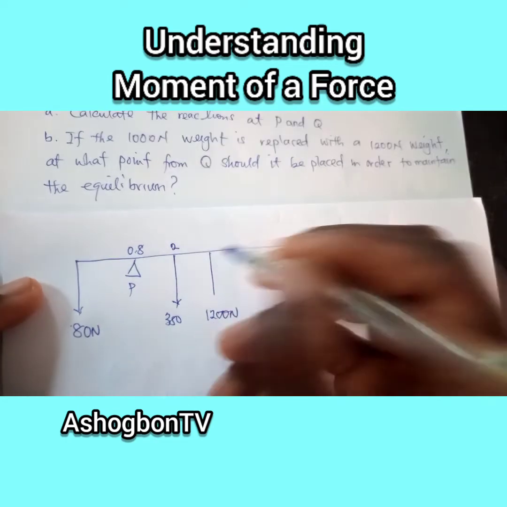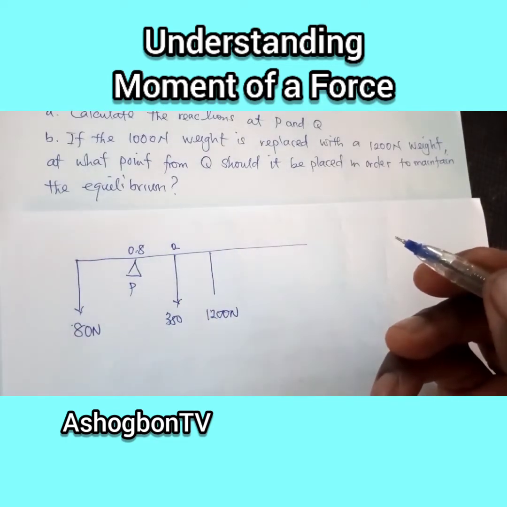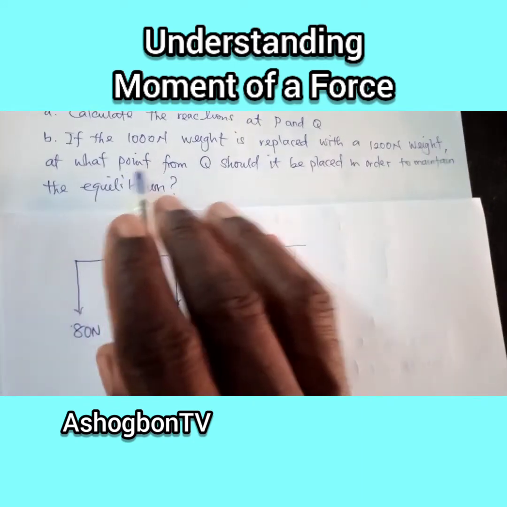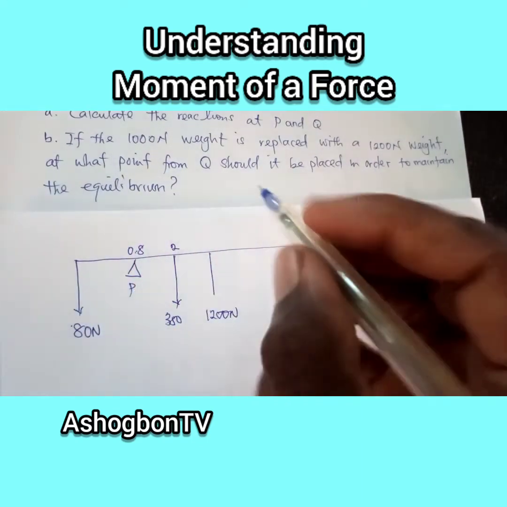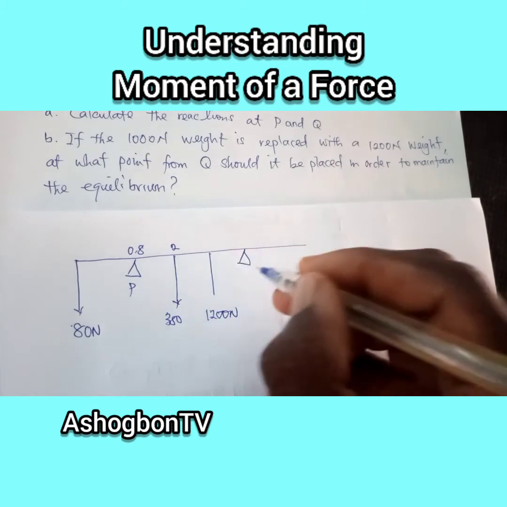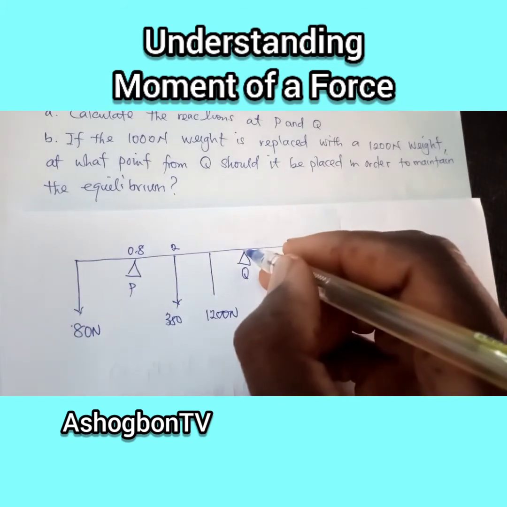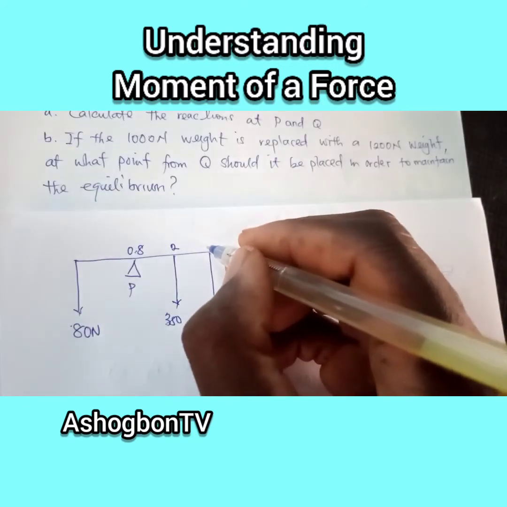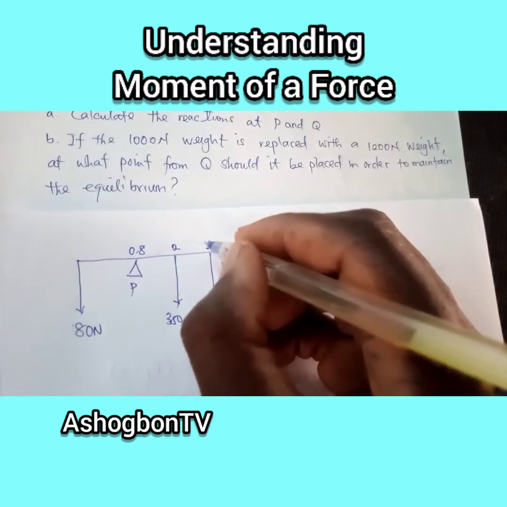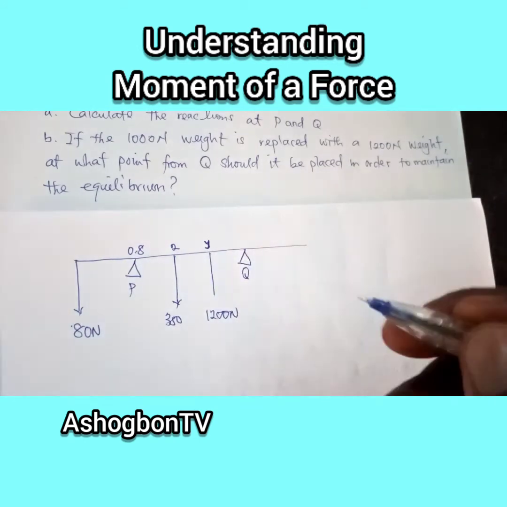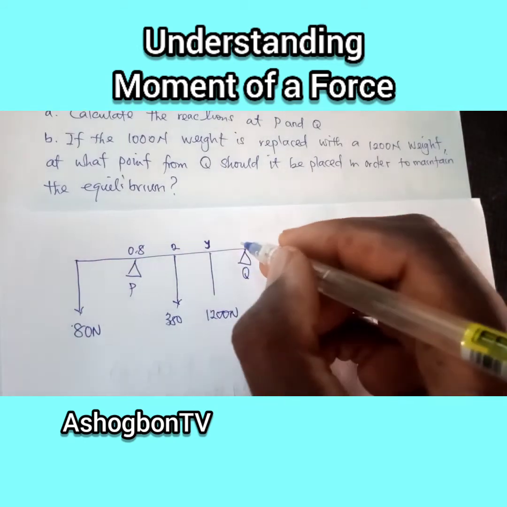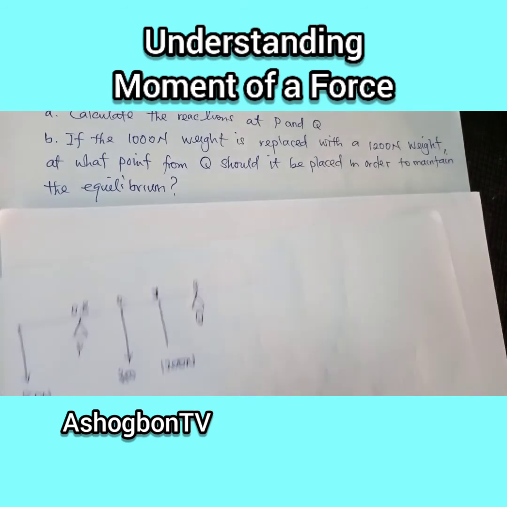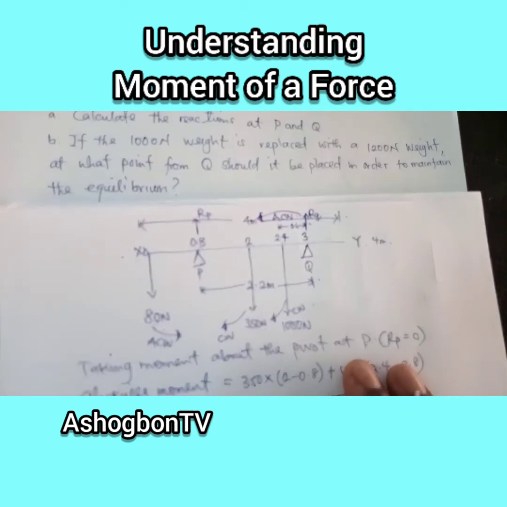And of course, here we do not know. So the question is, if it is replaced by 1200, at what point from Q? So mind you, this is where Q is. So at what point from Q will it be placed? So what I'm going to do here is represent this point with Y. So if I'm doing that, don't forget that this one is 3, going by our former diagram. Check it out.